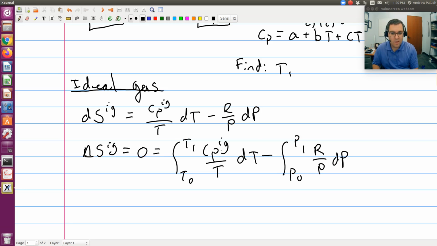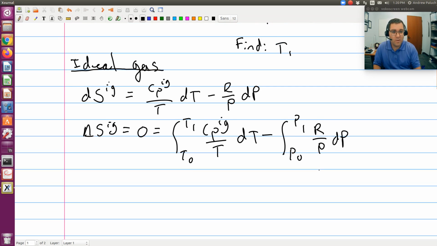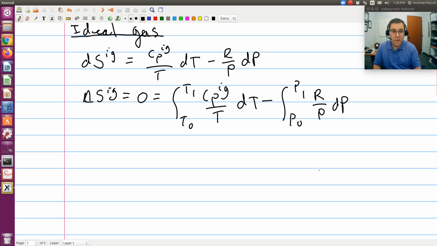Now Cp ideal gas, the heat capacity of my ideal gas, is only a function of temperature, so we can tackle this. And here we just have R over P. R is a constant, so I can integrate that, no problem. Okay, so let's do it.